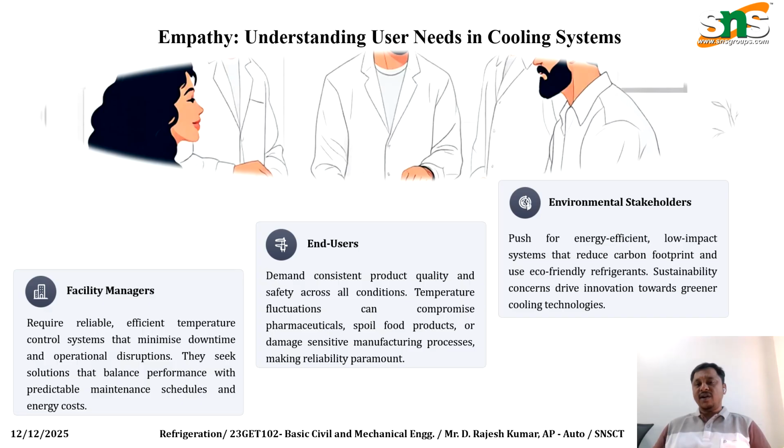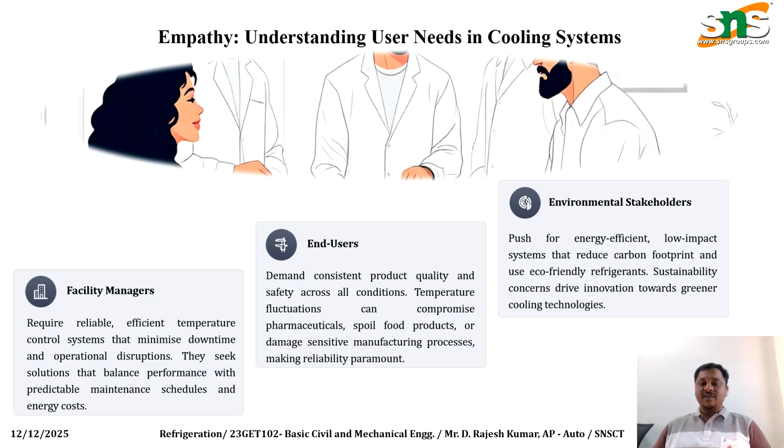The next is the environmental stakeholder. Coming to the environment, the energy should be efficient. It should not impact our human system, and it should not emit carbons, because carbon footprints are nowadays very important.